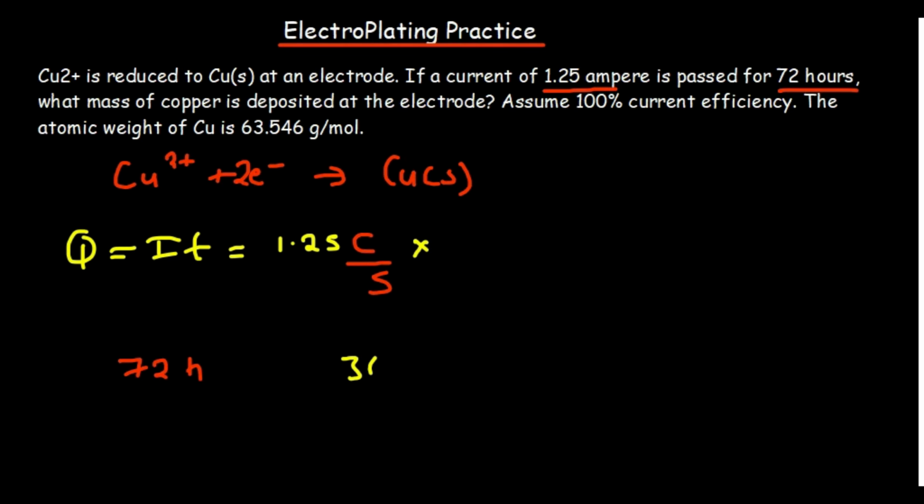So we have 3600 seconds in an hour. Okay, so if that's the case, how do you convert the 72 hours? So we need our seconds to be on top, so say 3600 seconds per every hour, and then multiply by 72 hours.